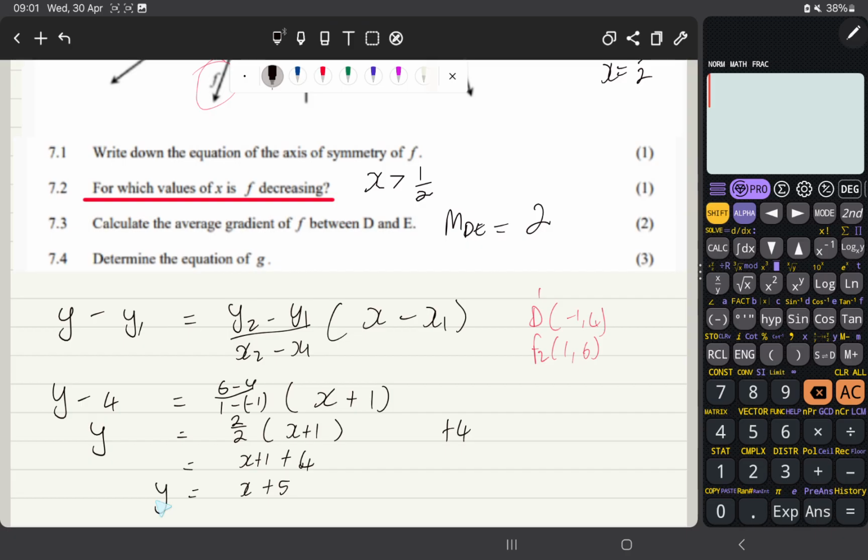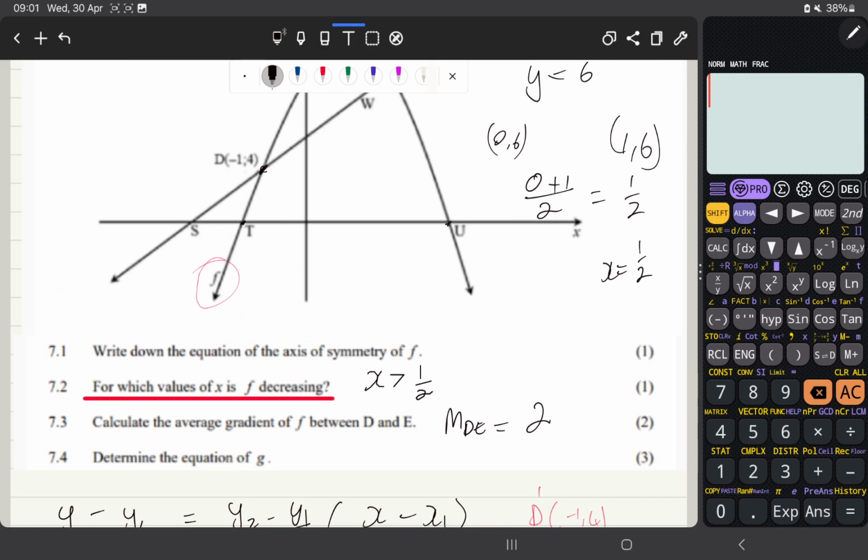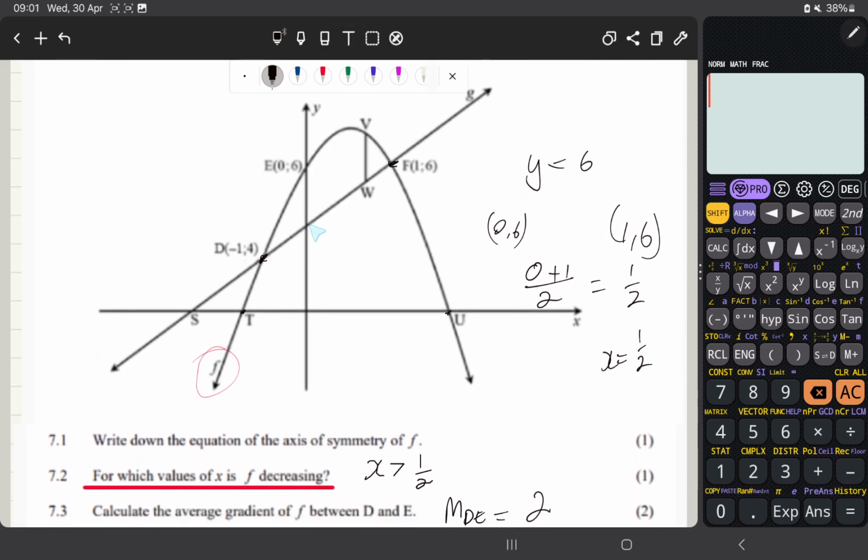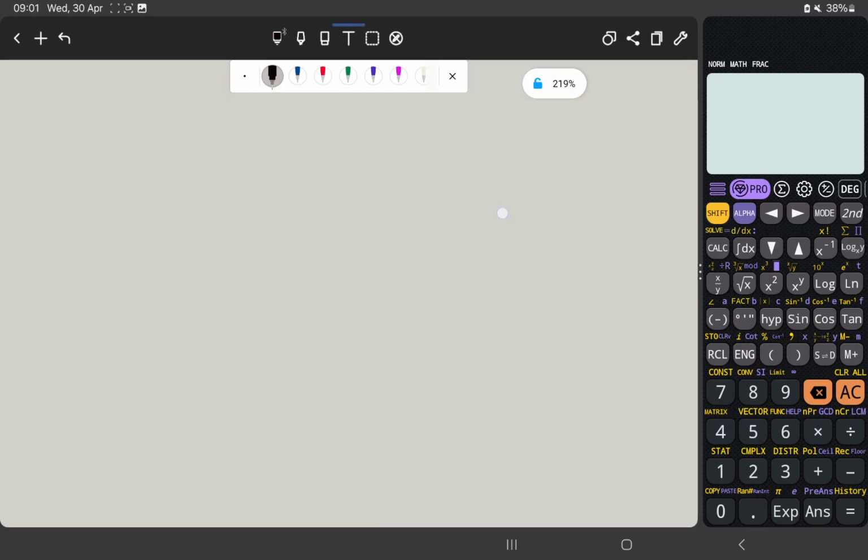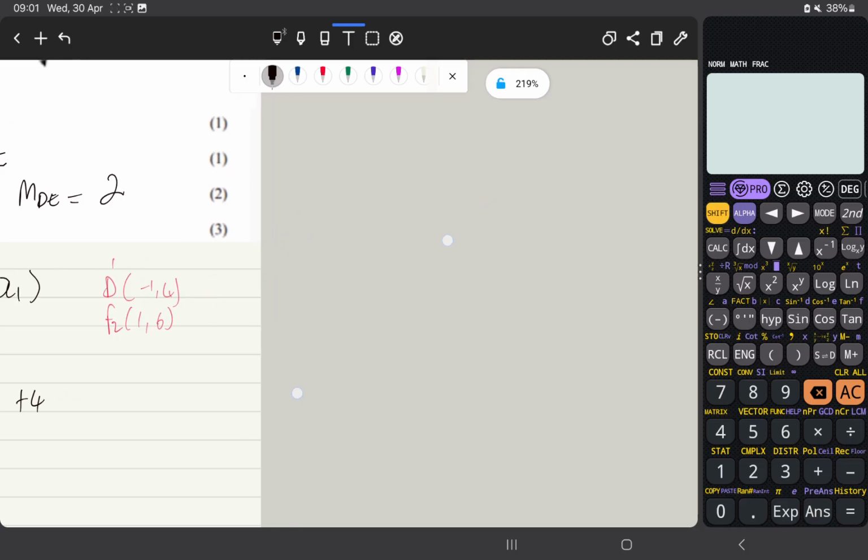So maybe here I can say g of x is equal to x plus 5, and we did. So the value here is the value that we have here. It's going to be 0 and 5. Yep. Let's move on to the next question.